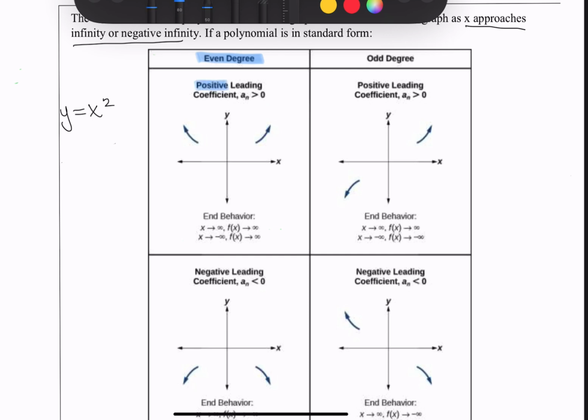So if I have a positive leading coefficient, I know that my end behavior can be described like this down here, where if x is getting really large, y, or f of x, is also getting really large. However, if x is getting really small, y, or f of x, is still getting really large. And a perfect example for that would be your parabola.